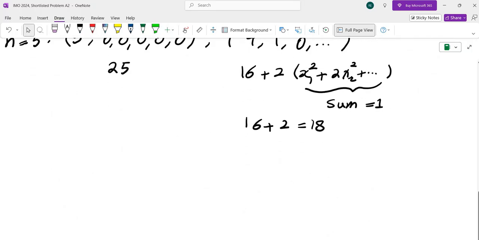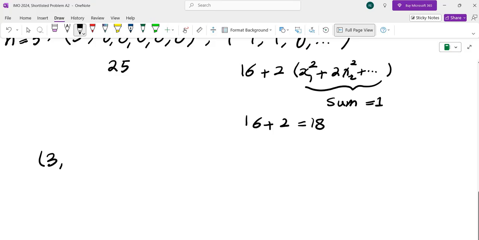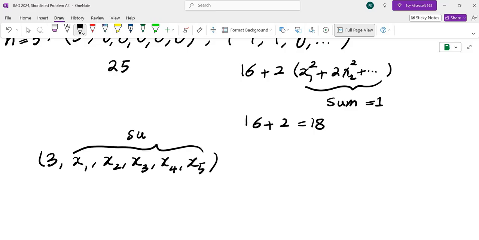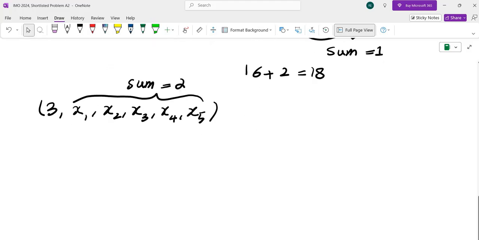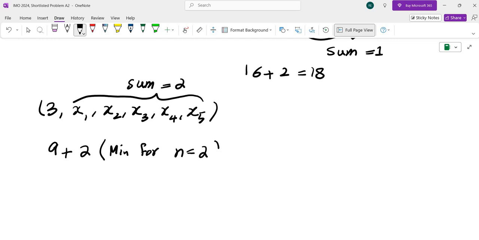Now let's say the first one is 3. Then I have x1, x2, x3, x4, and x5. Now these guys have the sum equals 2. So I can write the sum for this as 9 plus twice something. This is the minimum for the sum equals 2, which would be n equals 2.